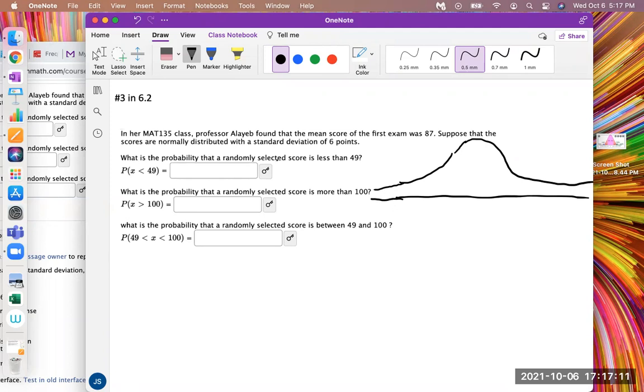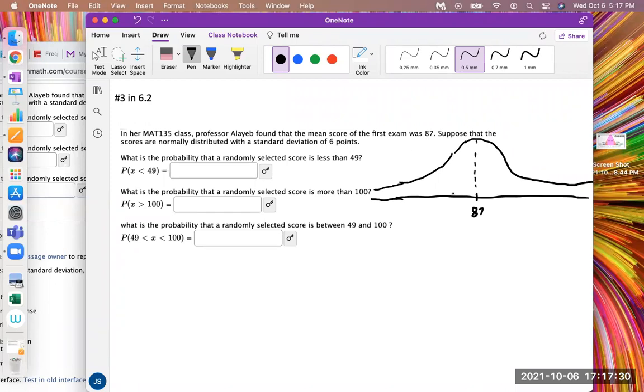So what is the probability that a randomly selected score is less than 49? To even draw where the 49 is, I need to know where the mean is. So the mean is at 87. That means at the peak of this hill, it's 87. Standard deviation is 6.